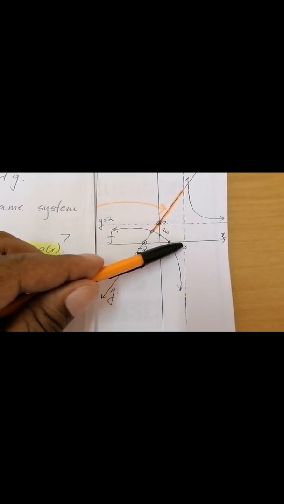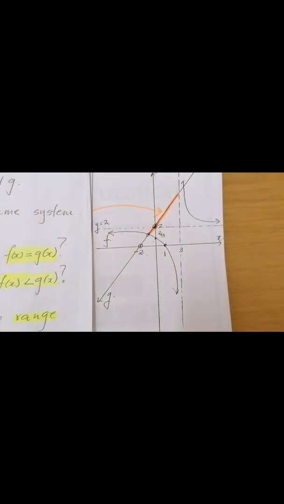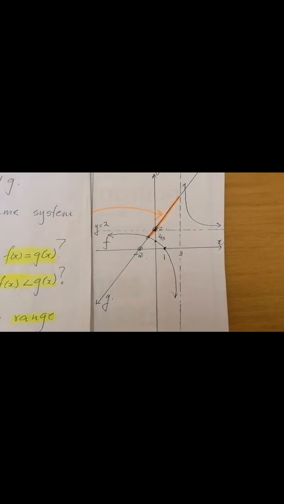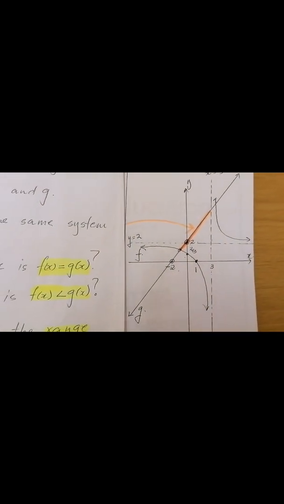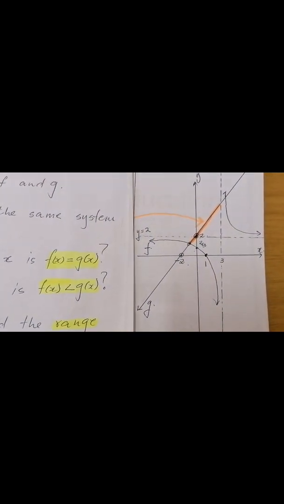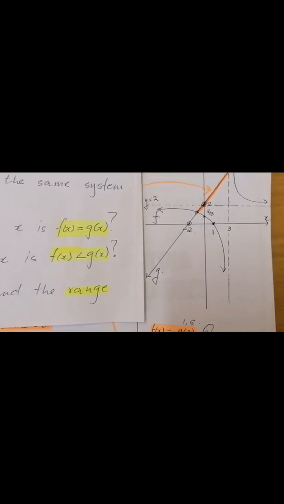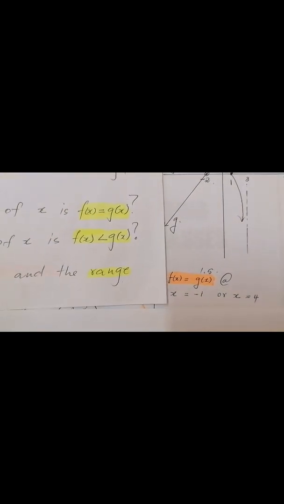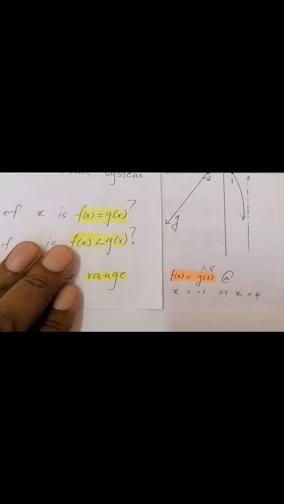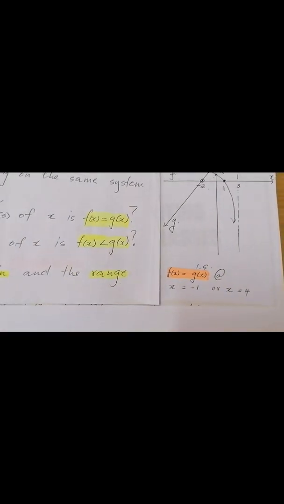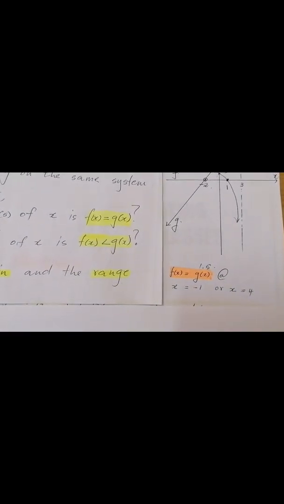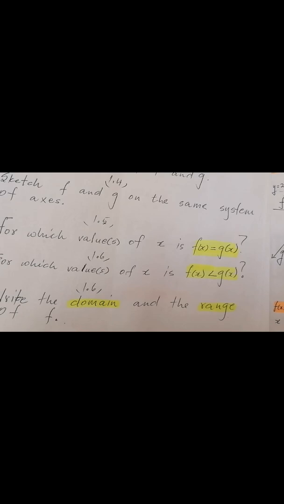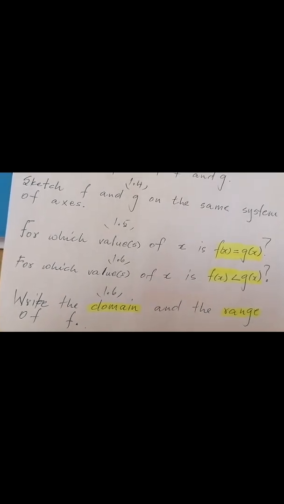Remember, 3 is before 4. Now I can see that mechanically when I inspect, my answers are correct. Remember, folks, if we say for which values of x will the 2 functions be equal, remember to equate and solve for x. Beautiful. Next one.